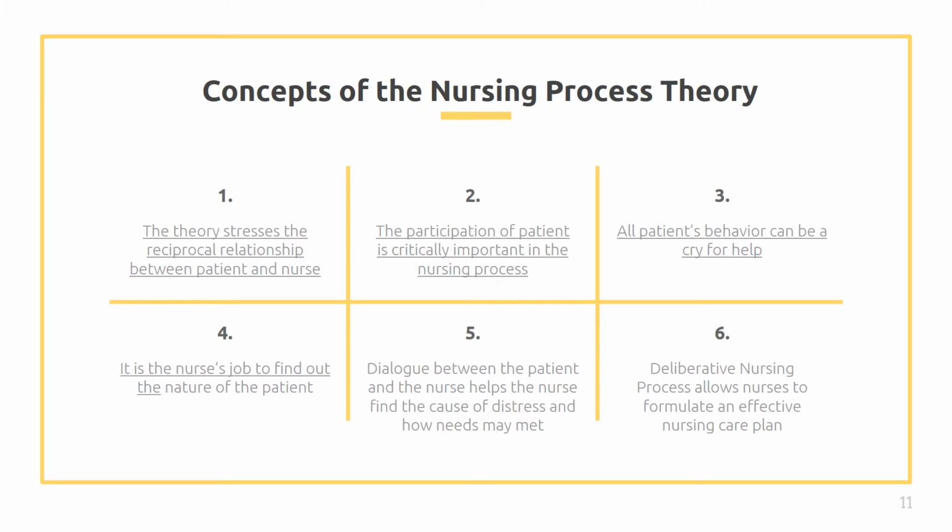Fourth, it is the nurse's job to find out the nature of the patient. Fifth, dialogue between the patient and the nurse helps the nurse find the cause of distress and how needs may be met. Sixth, the deliberative nursing process allows nurses to formulate an effective nursing care plan.